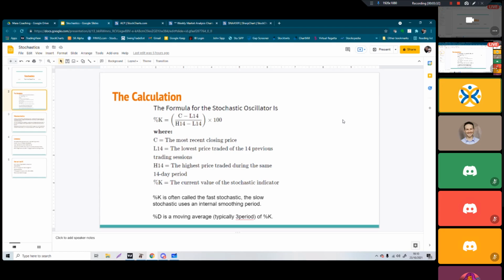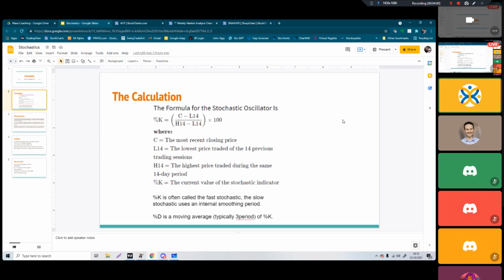Most charting packages, in fact, I think all charting packages have stochastic, but there are various differences out there by what people call them. So if you look at TradingView, for instance, there's fast stochastic, slow stochastic, full stochastic, all these kind of things. But the %K line is what's called the fast stochastic.